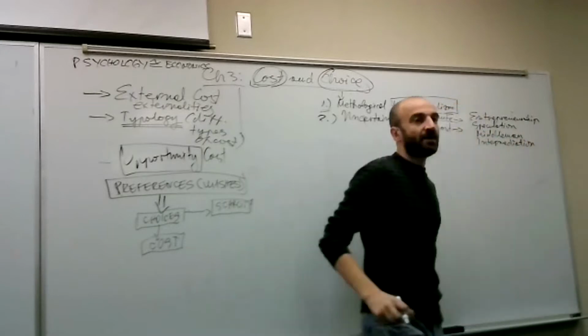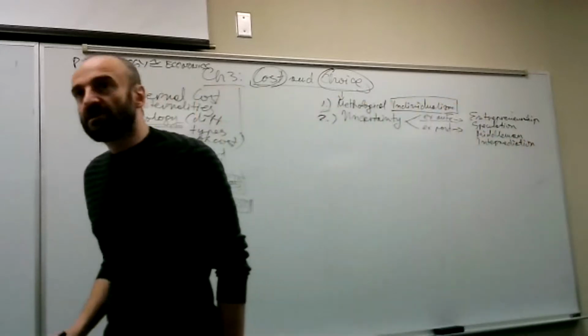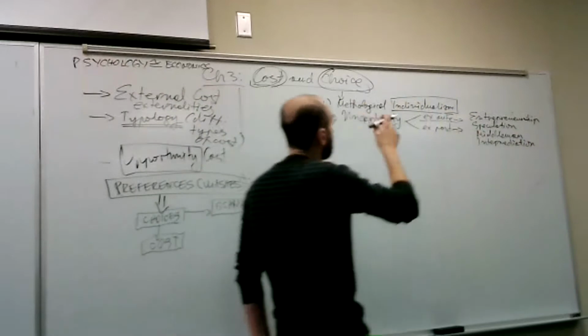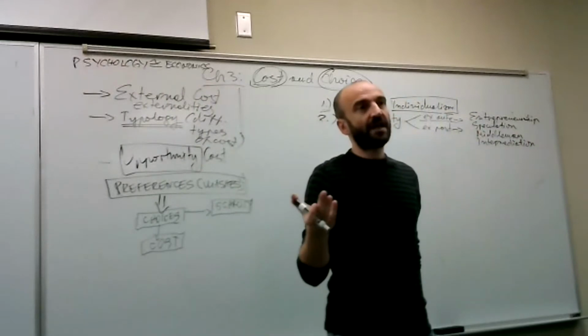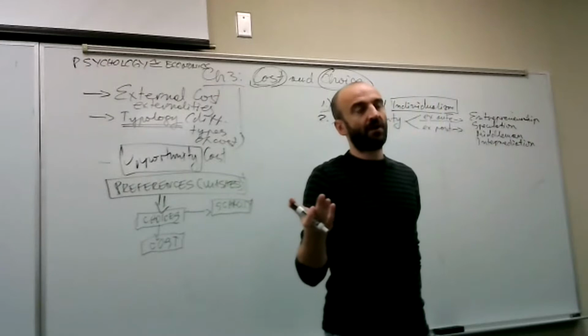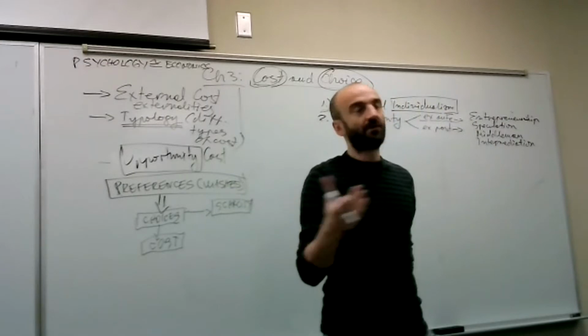All of these phenomena stem from the fact of uncertainty and limited knowledge. Uncertainty, when you say that the world is uncertain, that's the same as saying that we have a limited knowledge about the future.